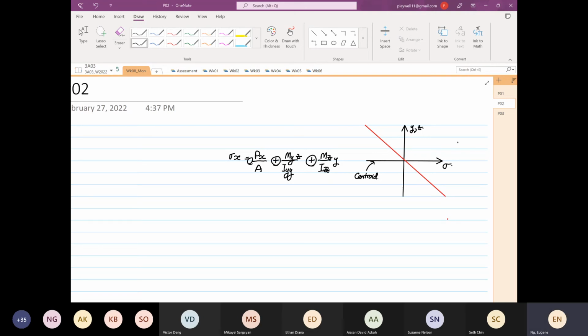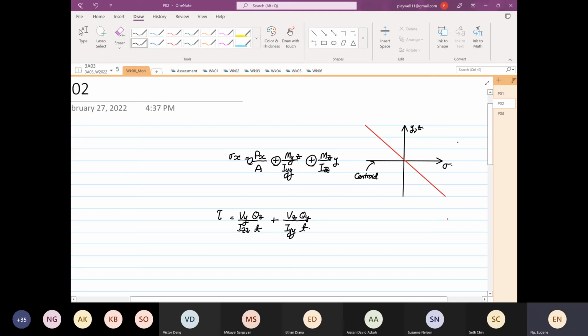Then we learn about shearing stress. I will not put direction for this case. The shearing stress is equal to Vy over Izz times Qz plus Vz over Iyy times Qy.